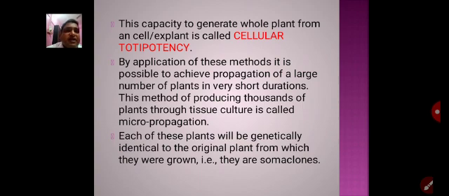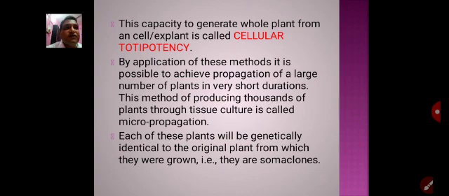And the cells which are taken are totipotent in nature. Totipotent means having the capacity to produce an entire plant body. So cellular totipotency is the ability of a plant cell to give rise to an entirely new plant.